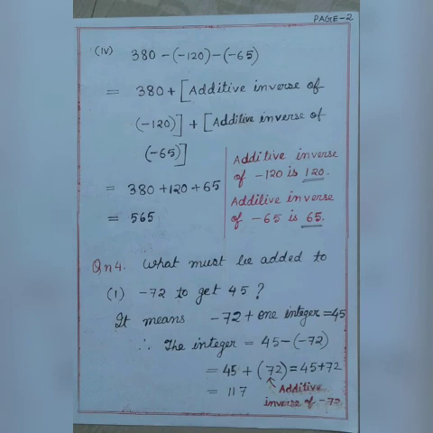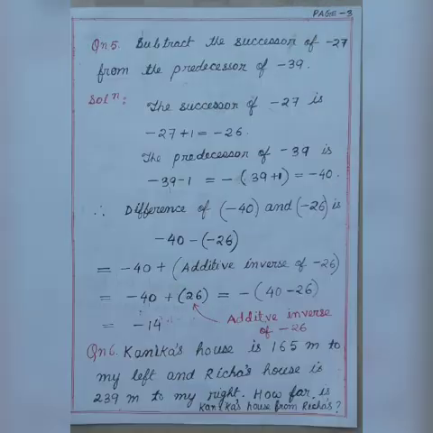So we have to find the additive inverse of minus 72, which is equal to 72. So 45 plus additive inverse of minus 72, which is 72, is equal to 45 plus 72 equal to 117.